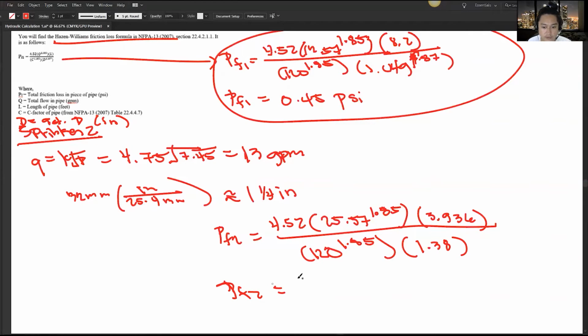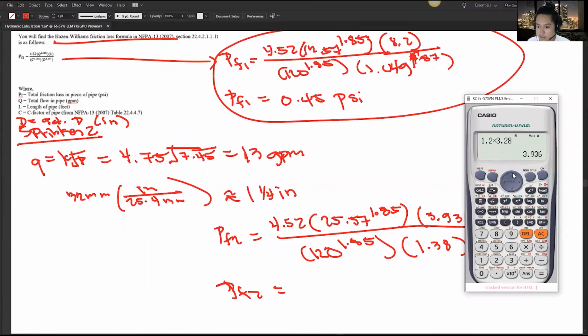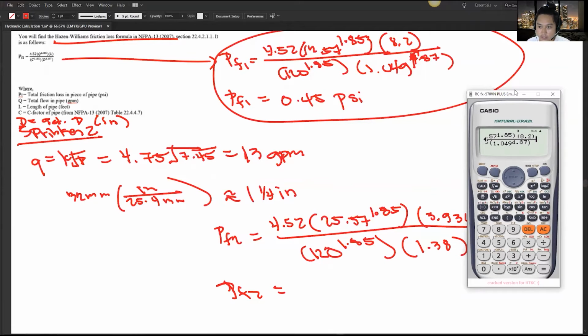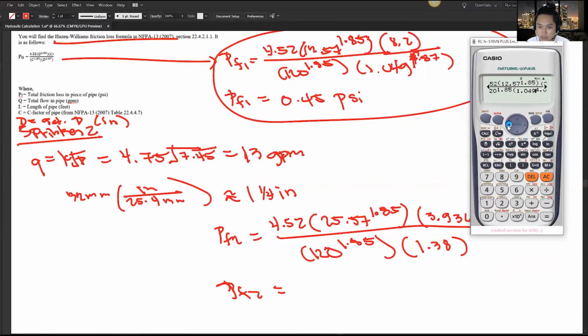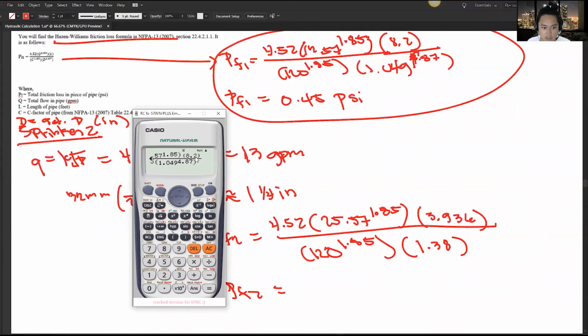All right, PF2 is equal to, where's my calculator? Okay, here. Let me see what we can change here so we won't have to input everything. So this one is 3.936.